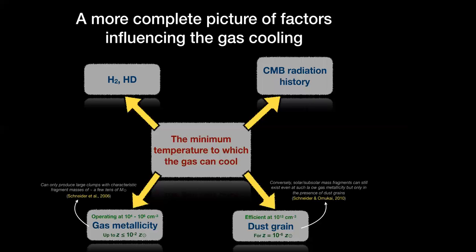Even in the presence of dust and the metal agents, the CMB can affect the overall temperature and can control in some sense how the stars are going to form and with what masses they are going to form. So the CMB is important to be considered.